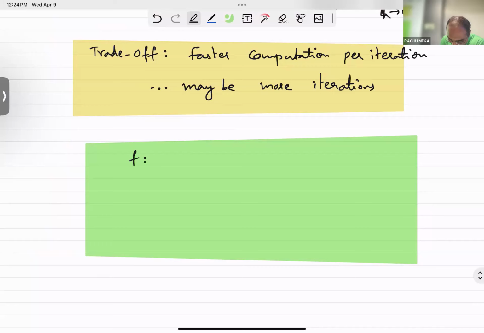We have a function f, and we need the gradient of f at a point x. We don't have access to the gradient, but what we will assume is that I have some approximator to the gradient.